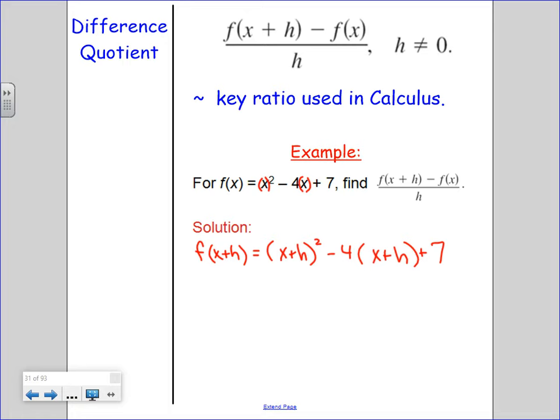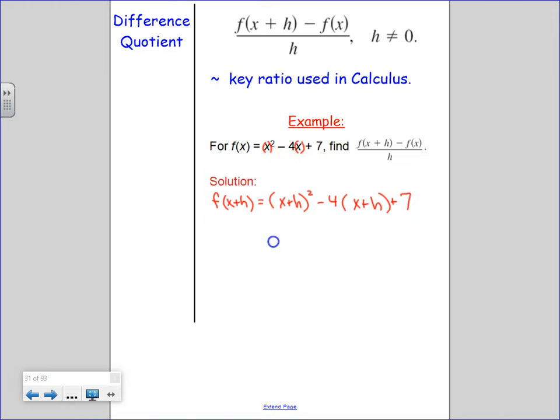Hopefully, if you can understand this, you'll see why in the next step, when I put all the pieces together, the first part looks just like what I just did. So, here, let's take our F of X plus H. Here's the formula. It literally is just a formula. Special formula called the difference quotient, but it is just a formula.